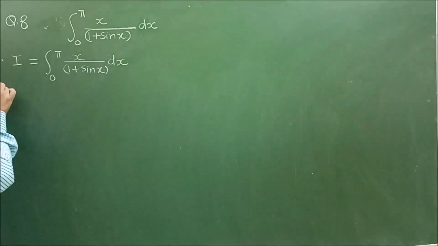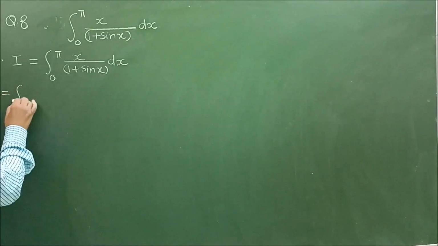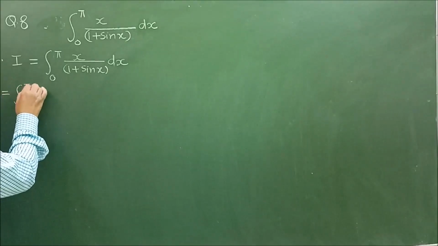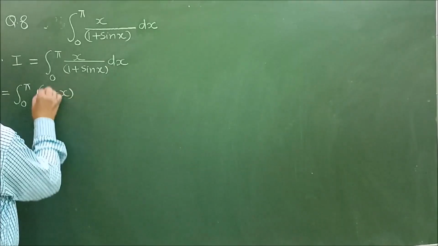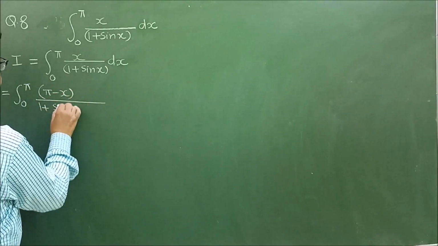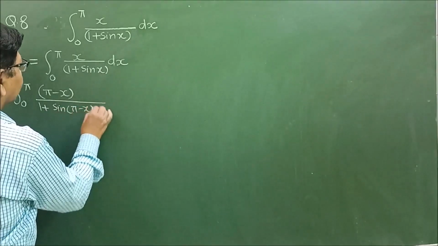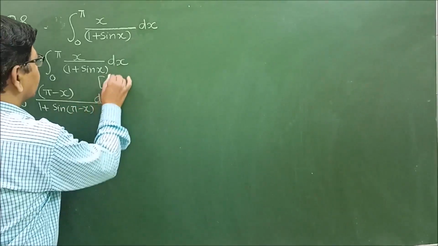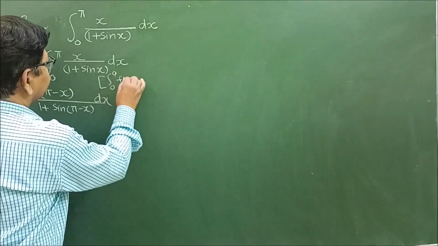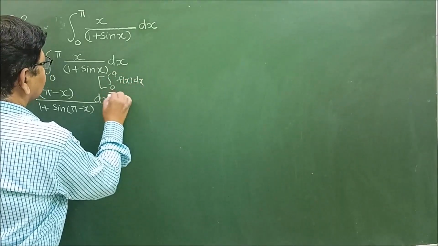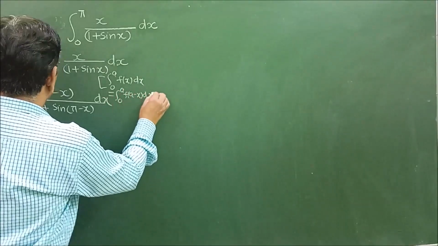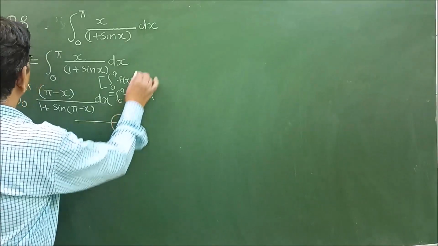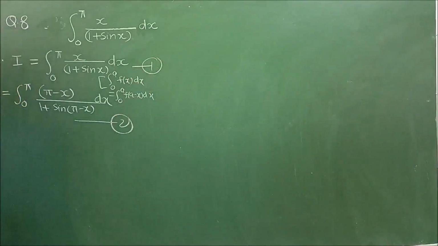So this integral is having the same value if x is replaced by pi minus x, upon 1 plus sine of pi minus x dx. Using the property, we let it be the second equation, and we add the first and second.